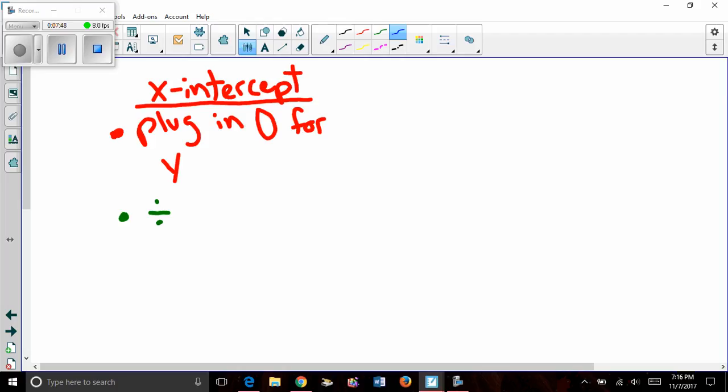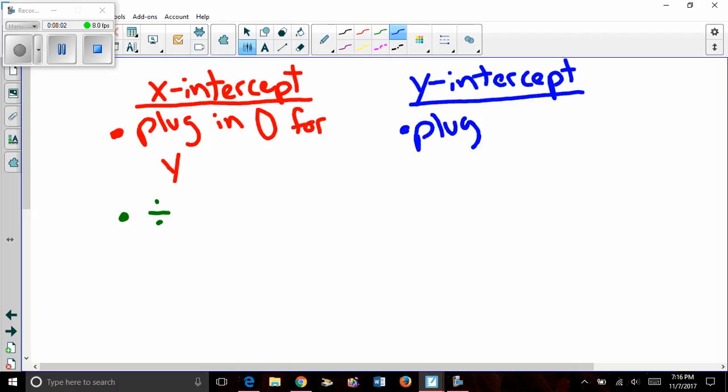To find a y-intercept, all you need to do is plug in 0 for x, and then again divide.